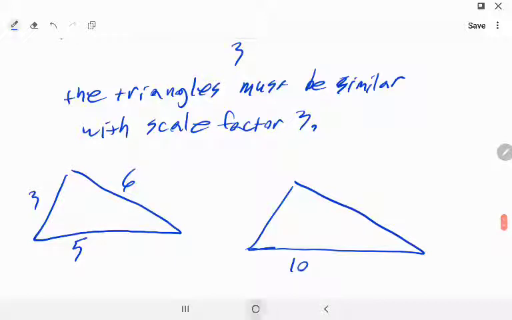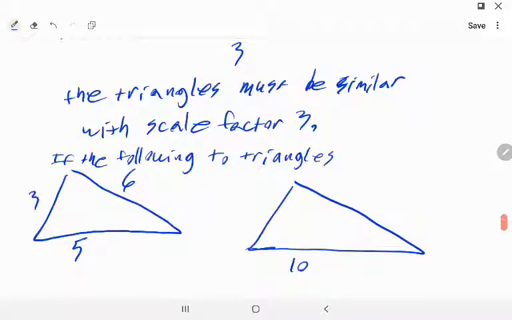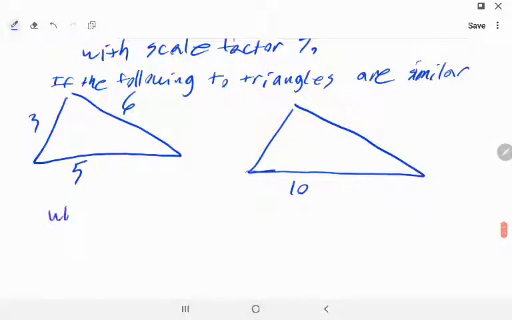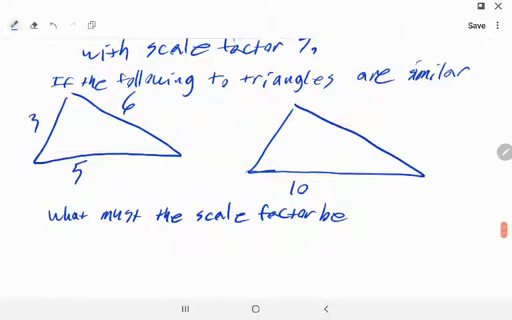So if we're told the following two triangles are similar, what must the scale factor be? What are the side lengths?